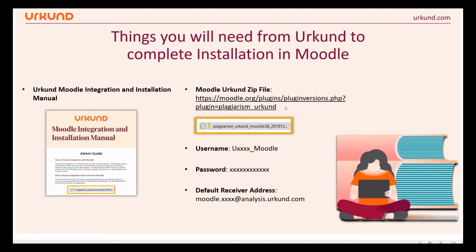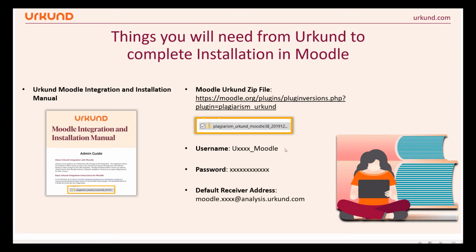So this hyperlink you will select, it will bring you to the Moodle page with the different versions of Moodle instances, and you will select the most appropriate one for your institution, and it will automatically download the Plagiarism Urkund zip file.